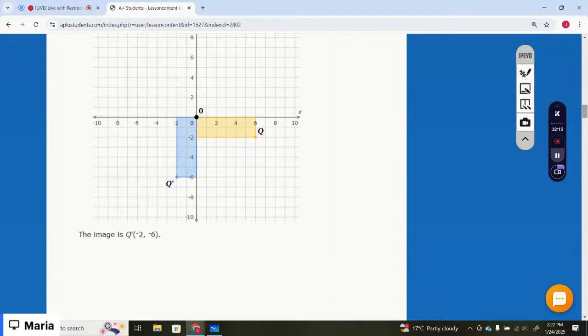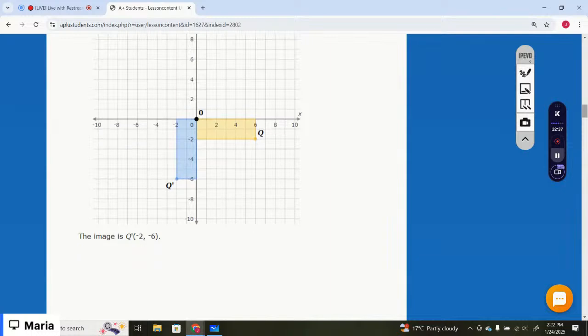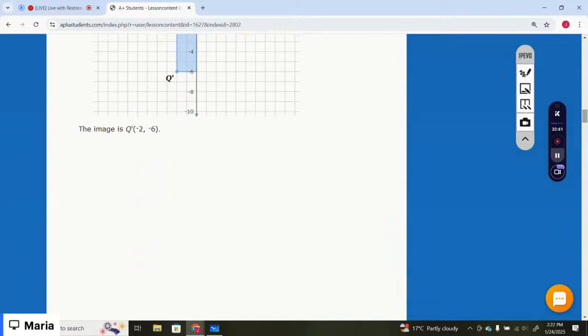The new coordinates are -2 and -6. That is -2 and -6. So a 270-degree counterclockwise rotation is the same as a 90-degree clockwise rotation, just in the opposite direction, right?